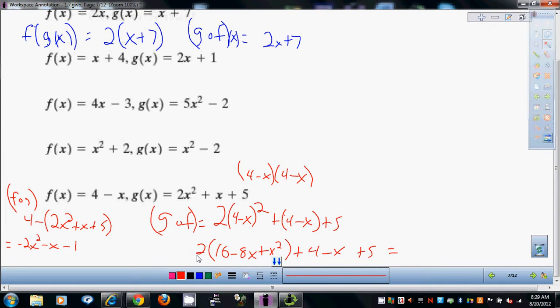Simplifying, combining like terms, that'll be 2x squared. Well, you know what, let me write it in order before I get all fancy. Is there a question? 32 minus 16x plus 2x squared plus 4 minus x plus 5. You have a whole lot of combining of like terms to do.